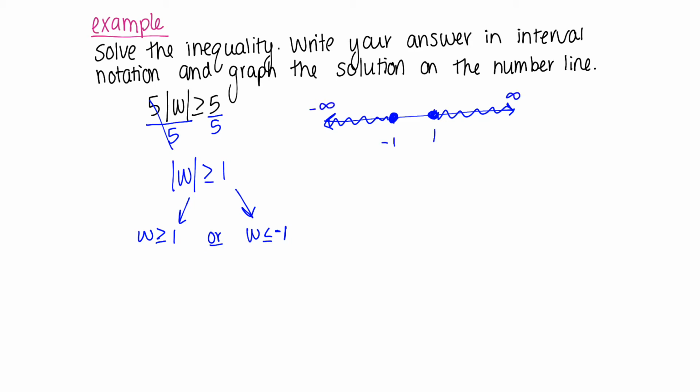For interval notation, this is going to go from -infinity to -1, bracket because we have closed circles, union +1 to infinity. So this is just taking both sides and combining them together with this union symbol, because we have to separate them since there is a blank spot in the middle there.